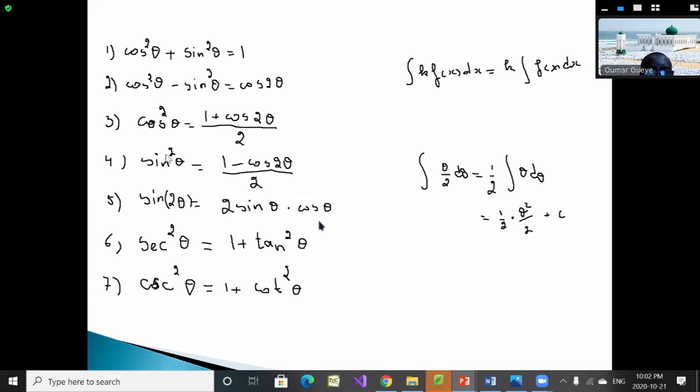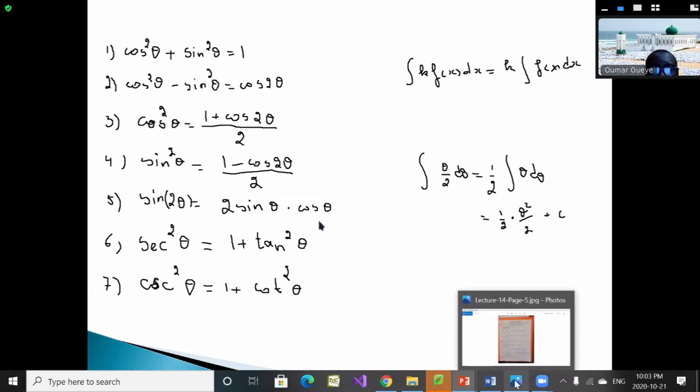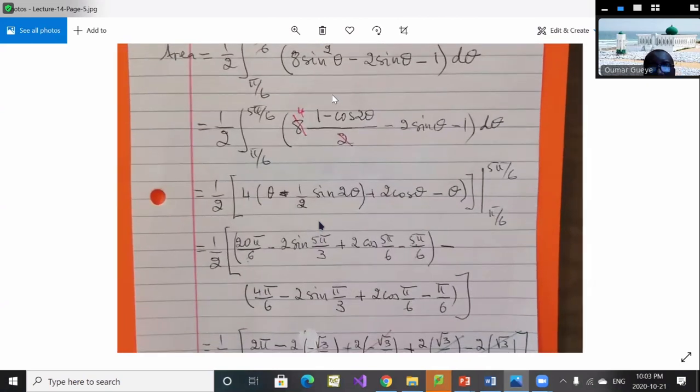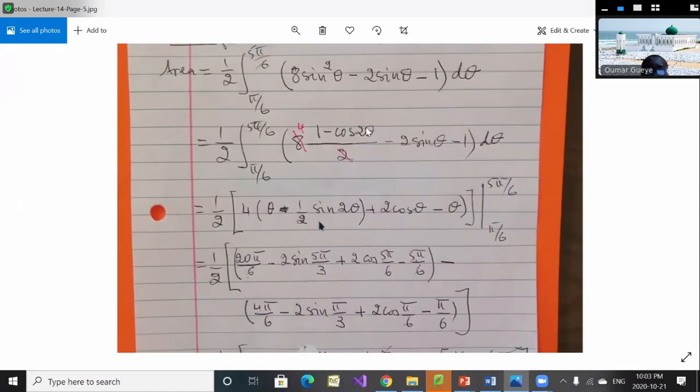If the square wasn't there, the antiderivative would be easier. So I'm going to use this formula: sine squared theta equals 1 minus cosine 2 theta over 2. Okay, I'm going to use number 4. And you guys can use it here. You can see I use sine squared theta is equal to 1 minus cosine 2 theta over 2.